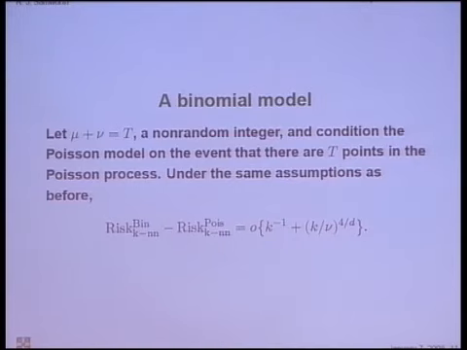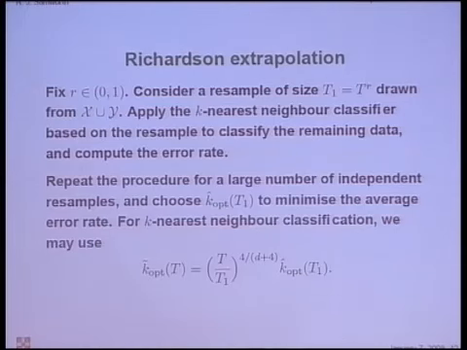So this work gives you some idea of the structure of the error probabilities of nearest neighbour and bagged nearest neighbour classifiers. It gives you an idea of the optimal choice for these parameters. It also motivates practical algorithms for choosing K in practice. One way you might do that is through Richardson extrapolation, which is a variant of cross-validation. We choose a particular power for our resample size, smaller than the original sample size.